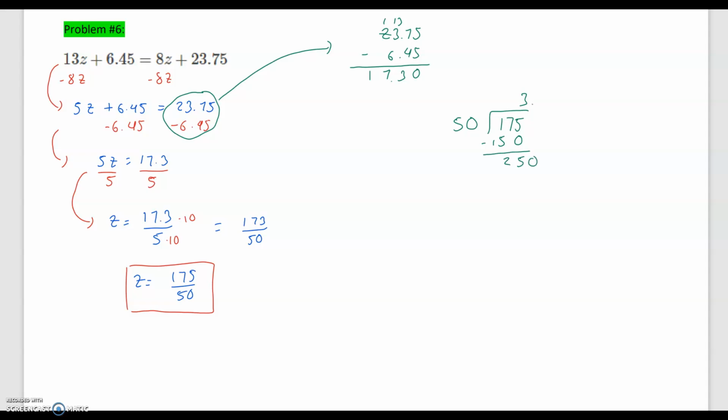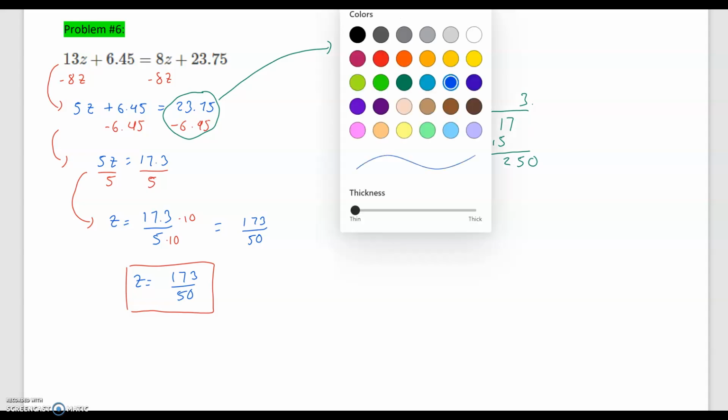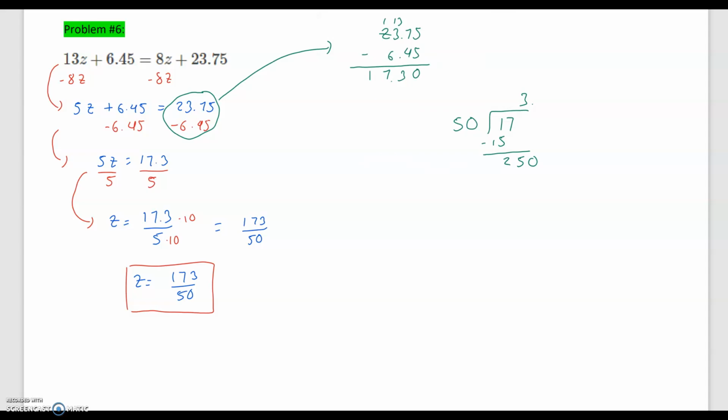And then we're going to go into the decimals. Give me just a second. Oh, I do have a typo. It's 173. So let me rewrite it. This is 173, which will make that a 3 here.